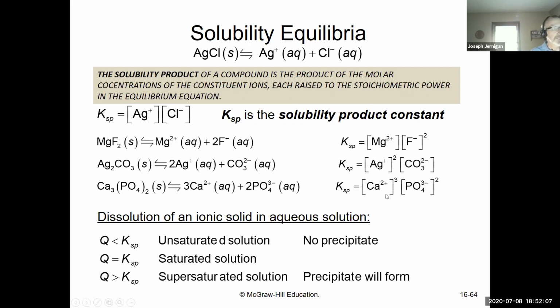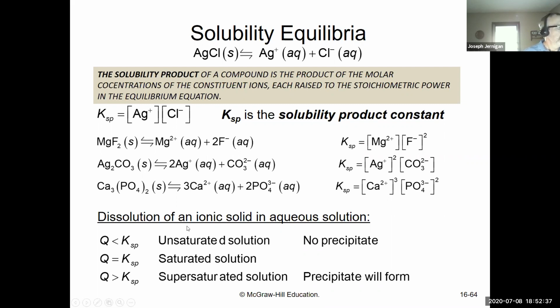The KSP, therefore, is equal to the concentration of calcium raised to the power of 3 times the concentration of phosphate raised to the power of 2. Again, we are taking the stoichiometry of our chemical reaction and writing out our KSP based on the stoichiometry of those species that are dissolved into solution.